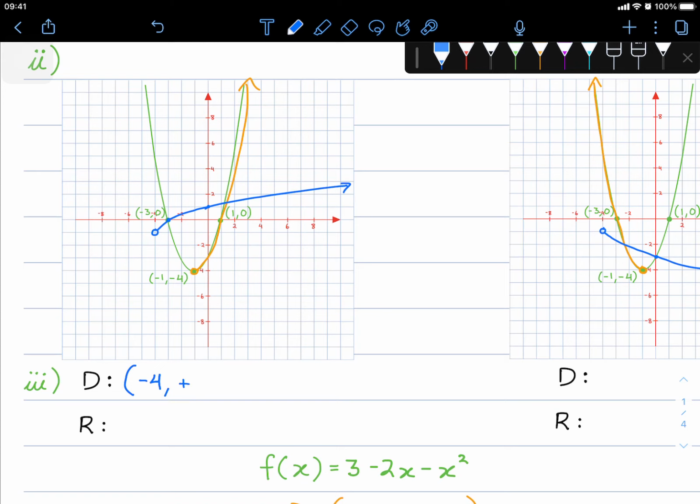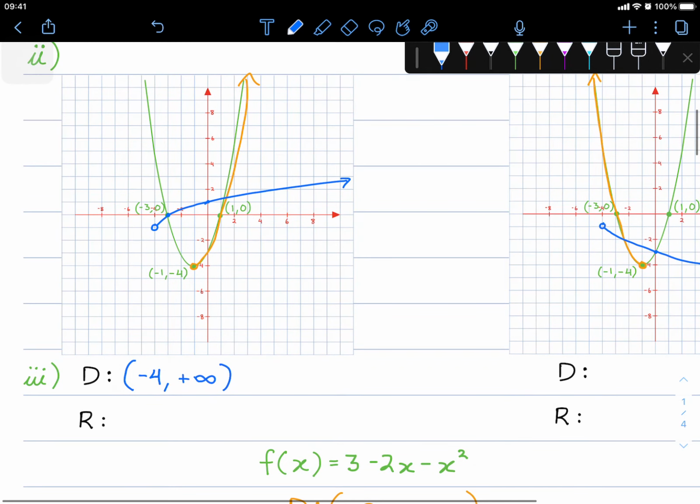So we can take any x value to the right of -4. If you want to see this in inequality notation, it would become positive infinity, like this. Or, more importantly, you can just say x is greater than -4.